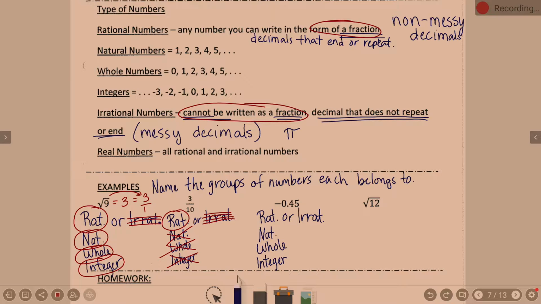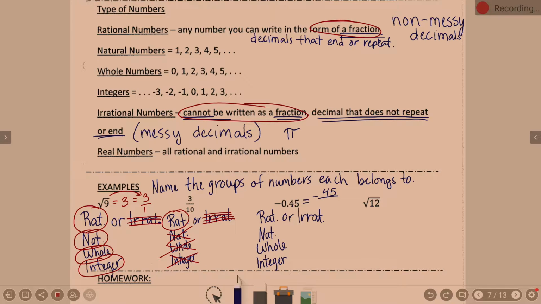I don't know if you know the answer to this, but years ago, you were taught how to read this decimal correctly. When I say negative 0.45, I'm not being a good math teacher. Because this is negative 45 what? Over 100. What place value is this? Tenths?